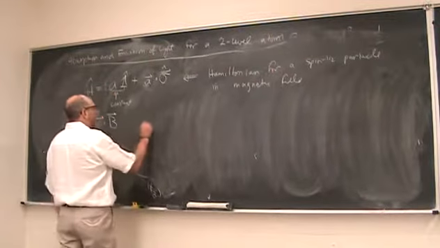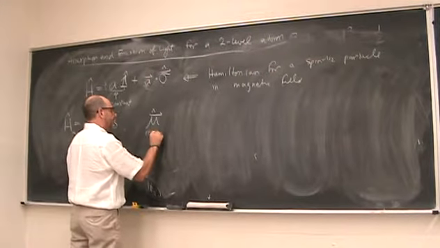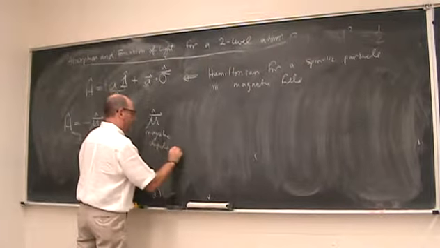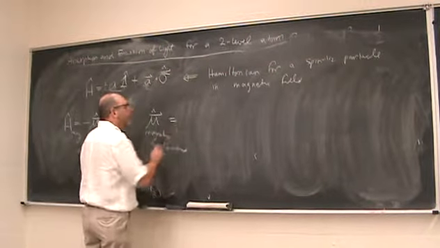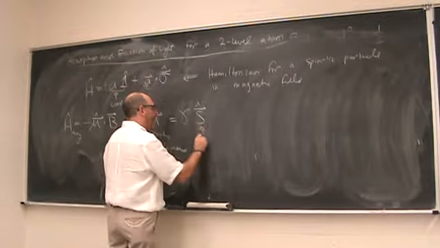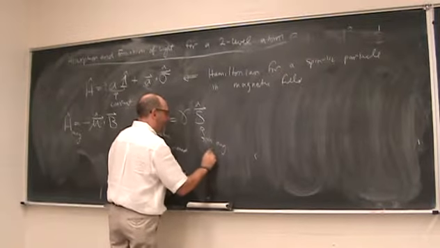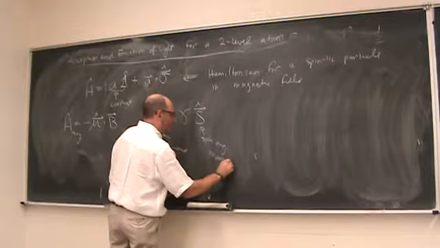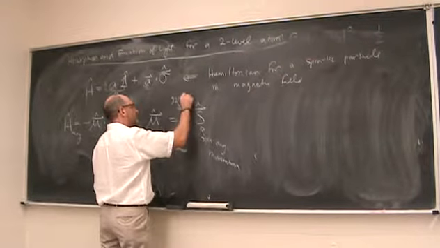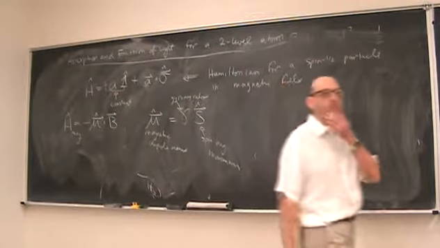And this magnetic dipole moment is proportional to the spin angular momentum through a proportionality constant that we call the gyromagnetic ratio. Okay.